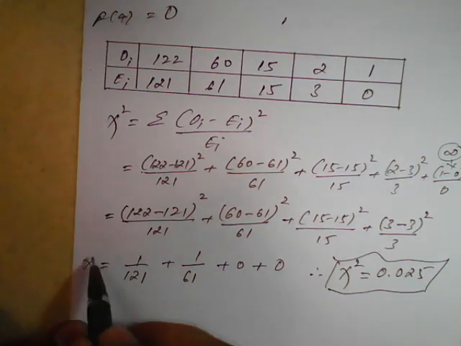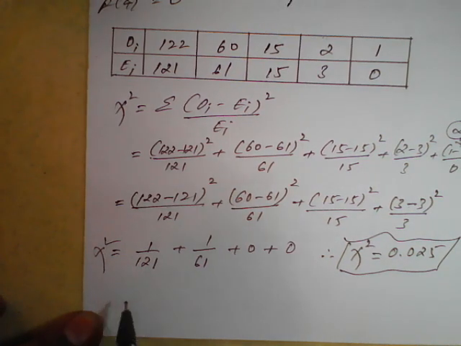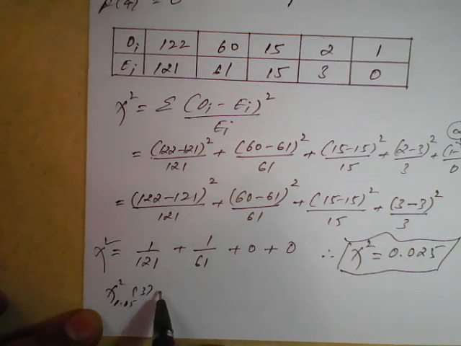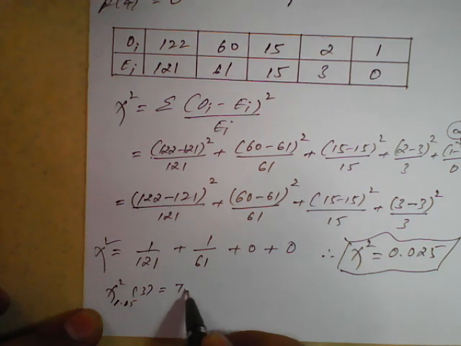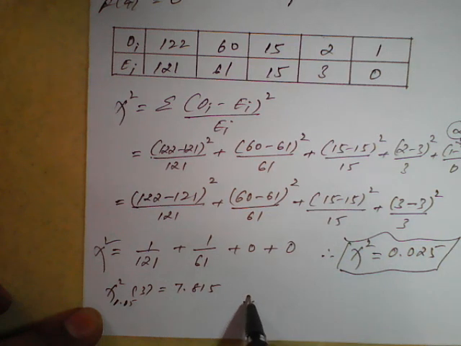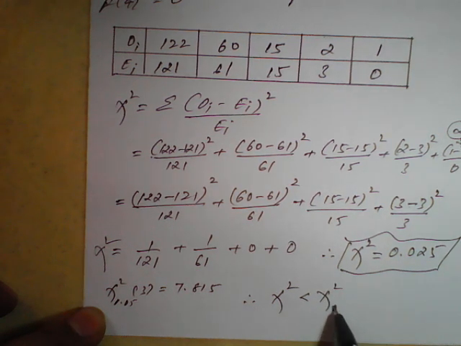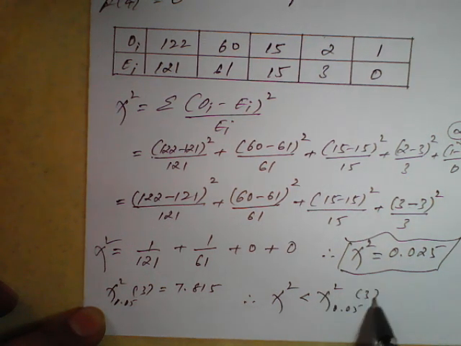So we'll get 0.025, and as we know, chi-square of 0.05 of degree of freedom 3 is nothing but 7.815. So I can say that our calculated chi-square is less than the table value of chi-square of degree of freedom 3.